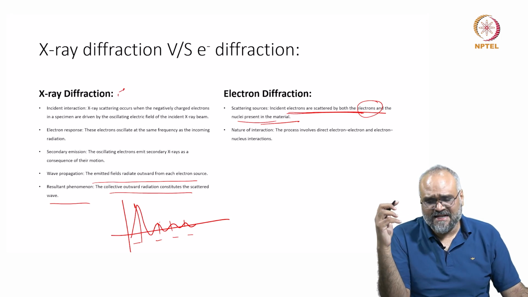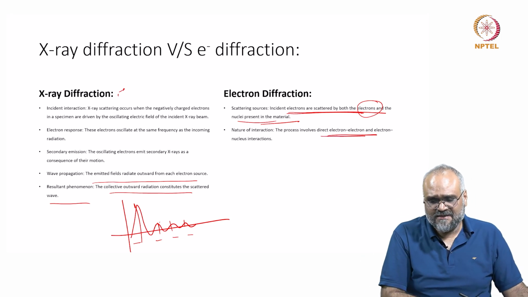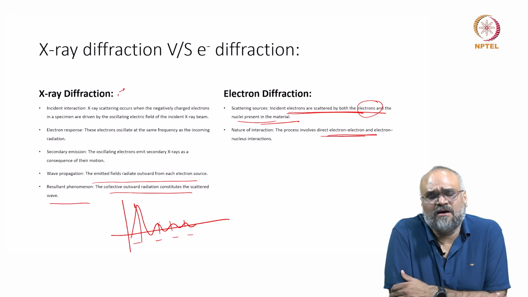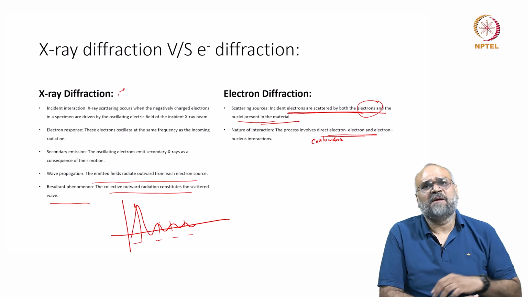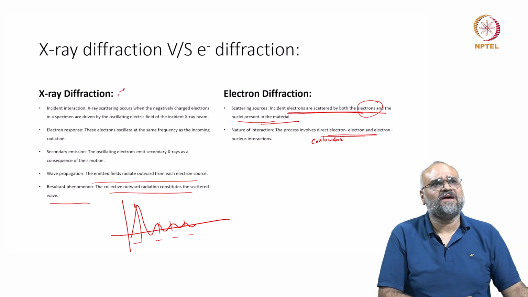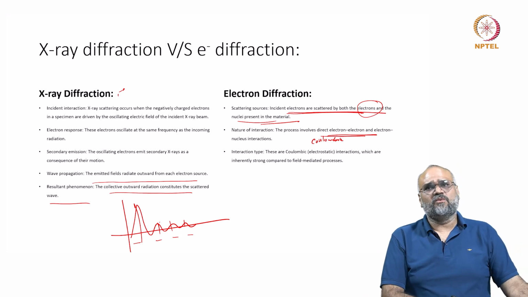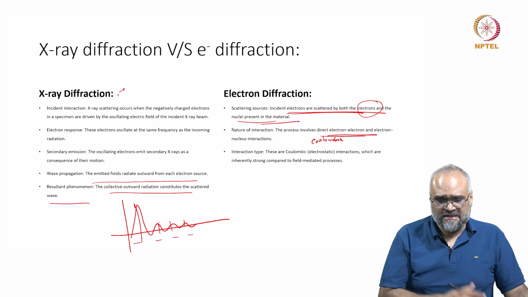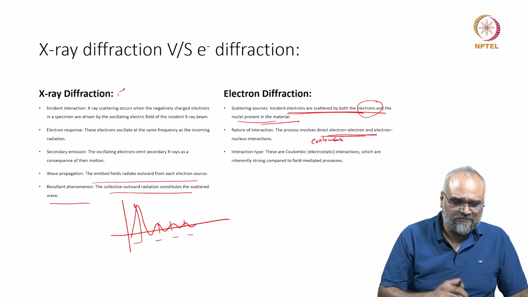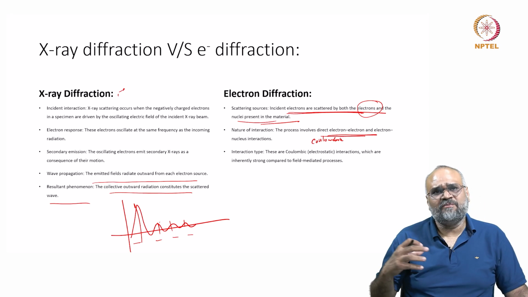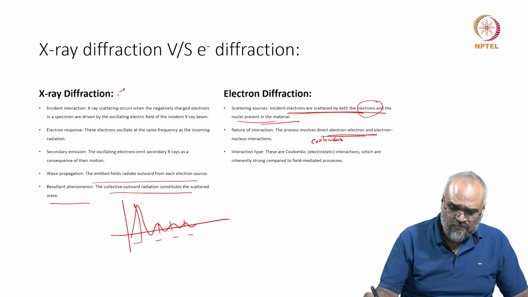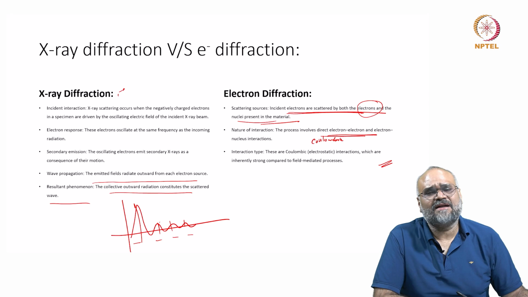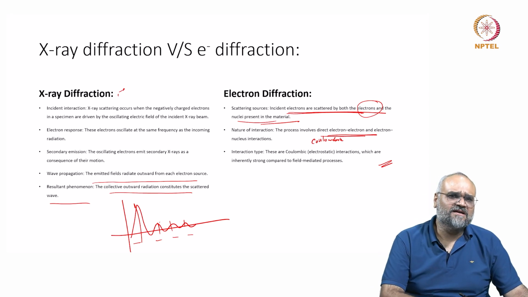So, the nature of interaction is a direct particle and electron or nucleus kind of interaction. So, you also have the additional Coulombic interaction apart from a field-field interaction the way you have in X-ray diffraction. What then happens is the scattering cross section, which is a measure of the probability of having a successful scattering event, is much stronger in electron diffraction, unlike in X-ray diffraction.